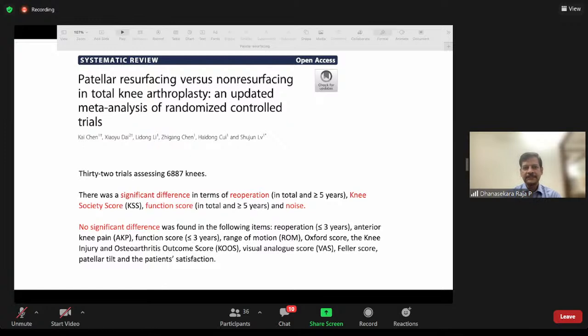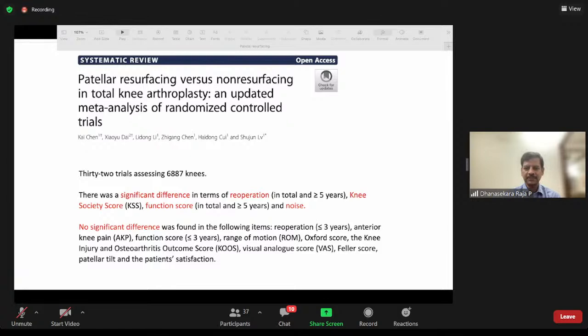Patellar resurfacing versus non-resurfacing meta-analysis. This includes 32 trials assessing 6,887 knees. There was a significant difference in terms of reoperation rate, Knee Society score, function score, and noise. A lot of these non-resurfaced patients have patellofemoral crepitus. That is reduced after resurfacing.